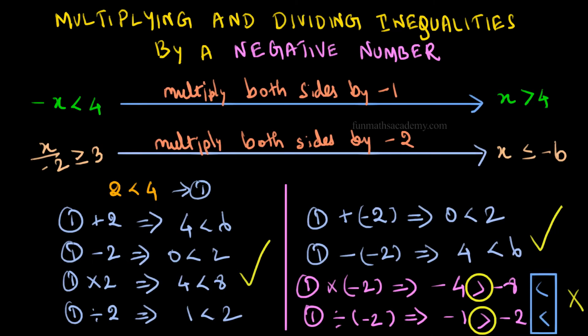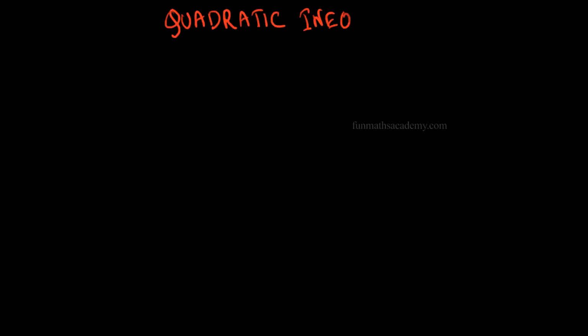Just like linear inequality, quadratic inequality will also have its solution as a range of values. Now let us consider a quadratic inequality and its graph and see what the range of values of x will be like.